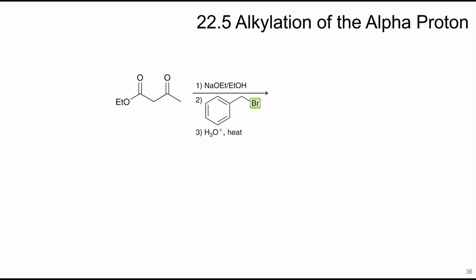So in this synthesis, we don't have a diester, but we can do similar chemistry. This is going to form the enolate from the sodium methoxide in ethanol, which is going to attack there. New bond. We're going to get a ketone here.